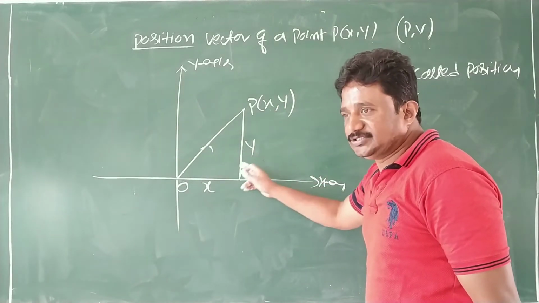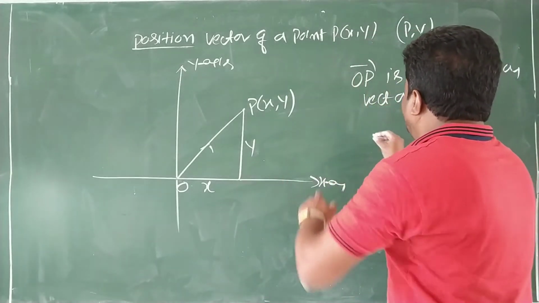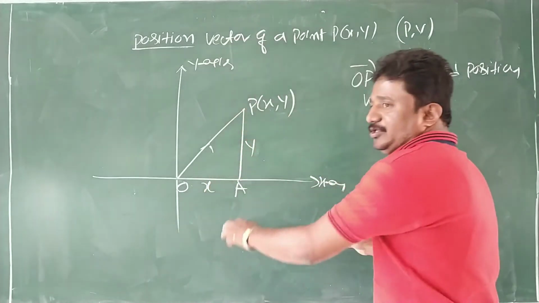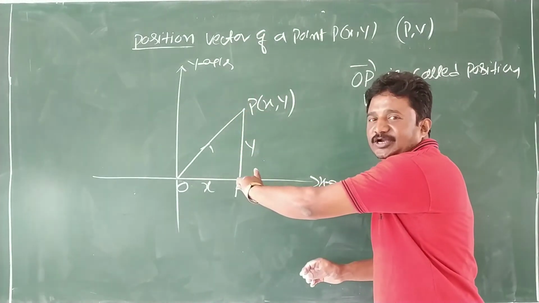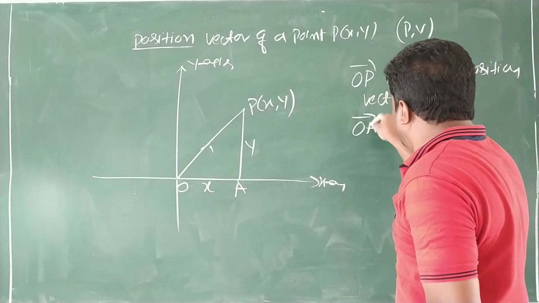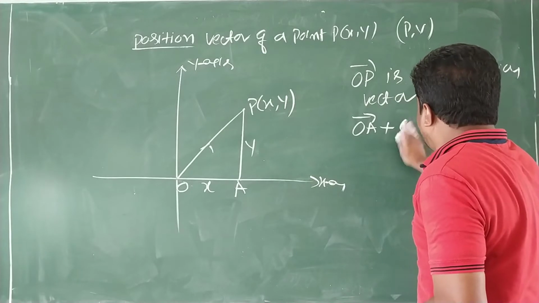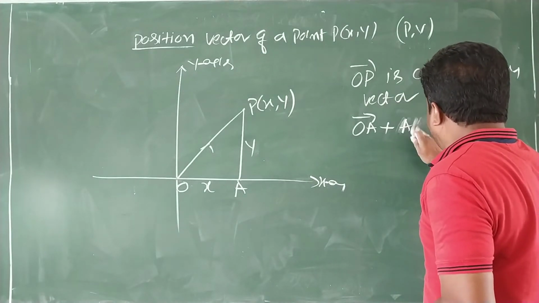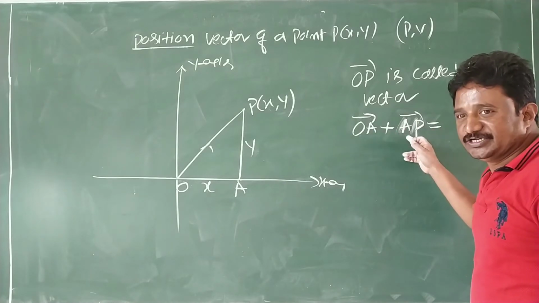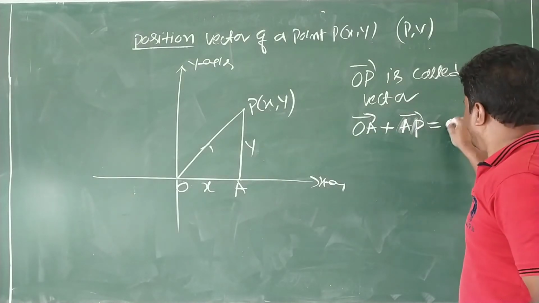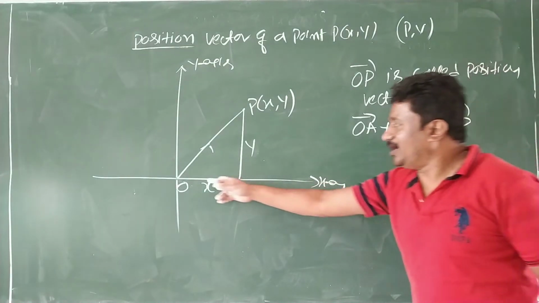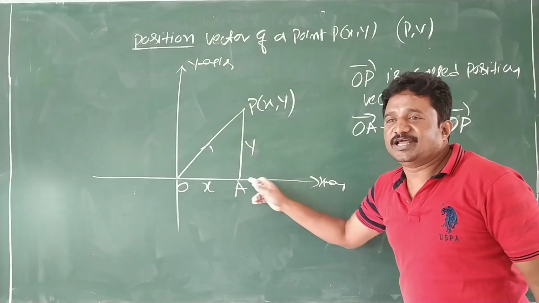Now vector OP. According to triangle OAP, you apply the triangle law. Vector OA plus vector AP is equal to what? OP. Remove the bridge to get the resultant, vector OP. Now what is vector OA?